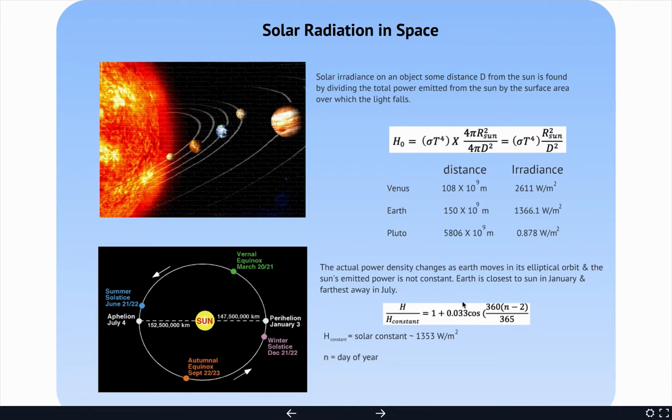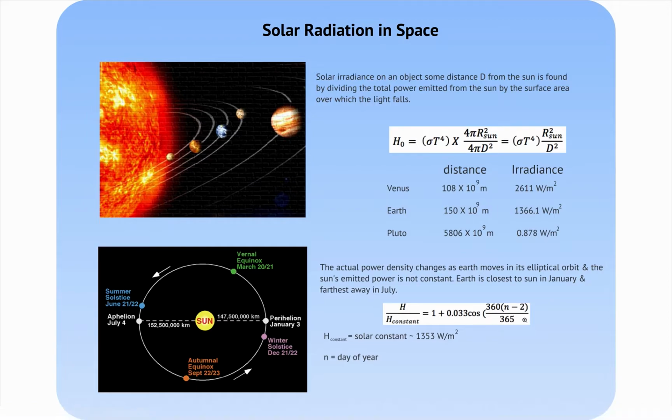In order to account for it, you have some complicated expression which shows here: h is equal to h constant, which is what's referred to as the solar constant, multiplied by 1 plus 0.033 cosine of 360 times n minus 2 over 365, where n is the day of the year. Okay. Not terribly important for us, just so you're aware of it.